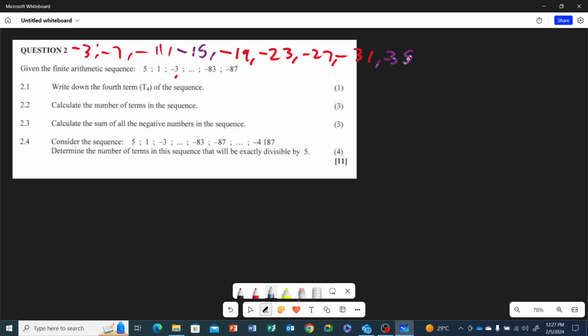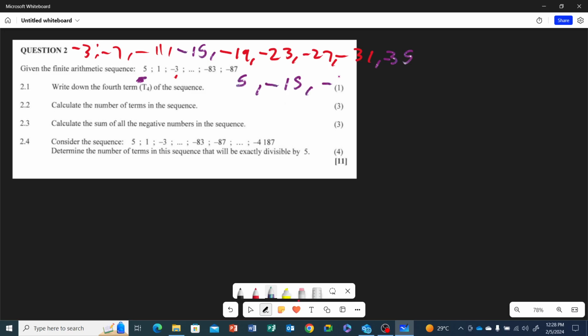Now you make a sequence only because of those numbers. So you will have 5, minus 15, minus 35. Now this is your new sequence, technically.